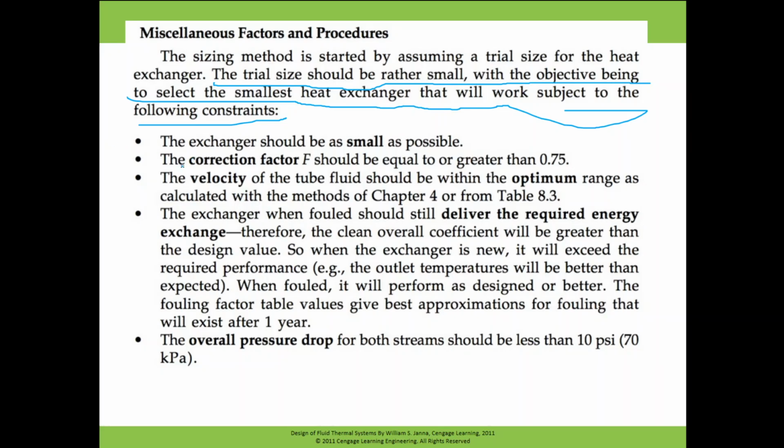The correction factor F should be equal to or greater than 0.75. So basically the minimum correction factor should be 0.75, and the velocity of the tube side fluid should be in the optimum range, whereas for the shell side it is not mandatory to keep the optimal velocity, because on the shell side there are usually baffles and the flow is zigzag.